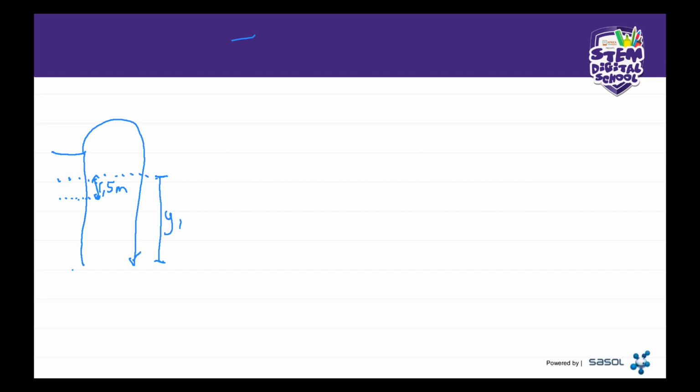So now we're going to see which formula is best to describe. Let's see what we have. First, we have our initial velocity, which is what we're looking for. Of our initial velocity is a 10, right?